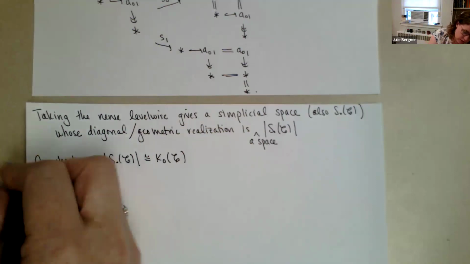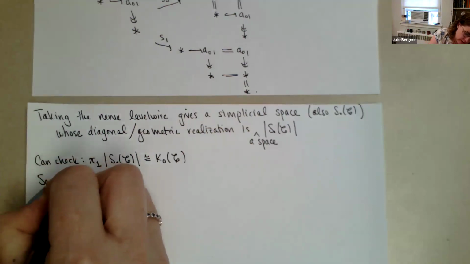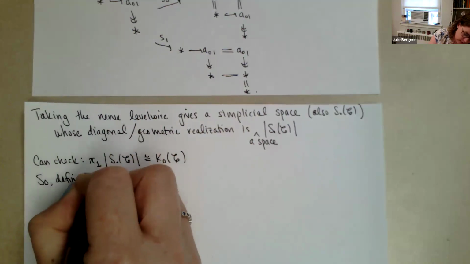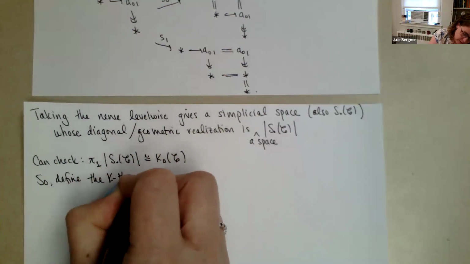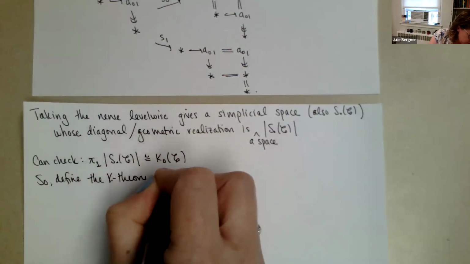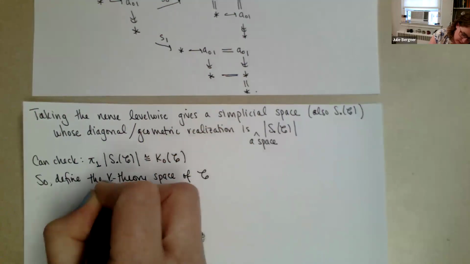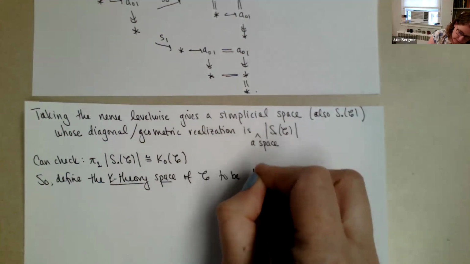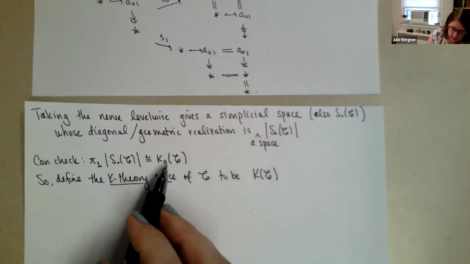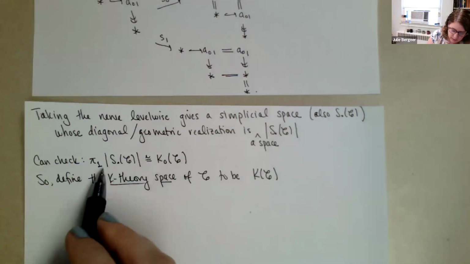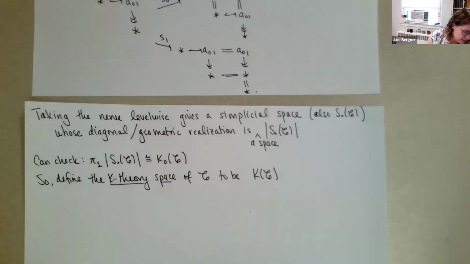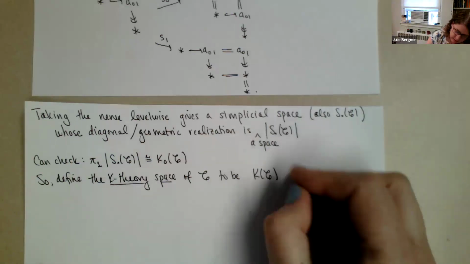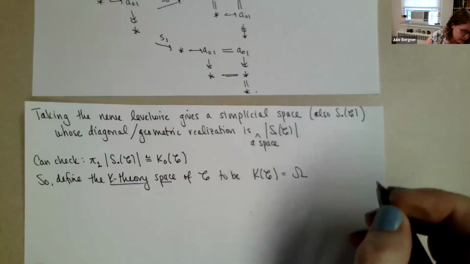And so we can then define the K-theory space of C to be, we'll call this K of C. And well, we don't want this sort of discrepancy where this is a 1 and this is a 0. So we just bring everything down by taking the loops.